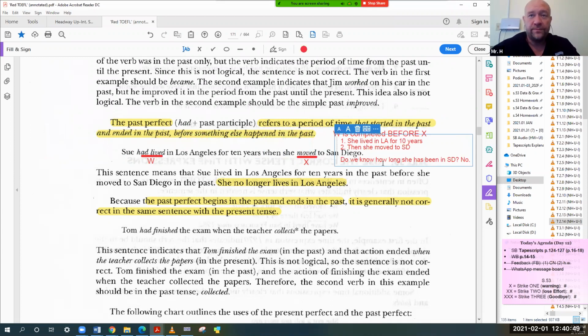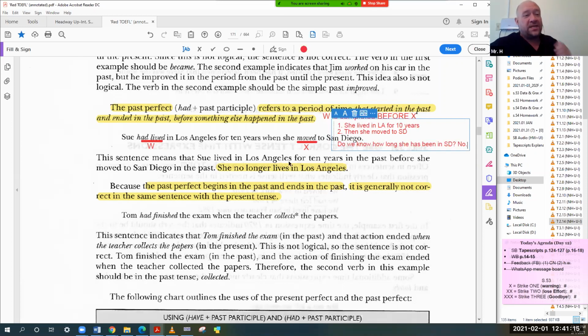We only know that W is finished before X. W had lived. X, she moved. So number one, she lived in LA for 10 years. Then she moved to San Diego, right? Do we know how long she has lived in San Diego? No, we don't know that, okay?